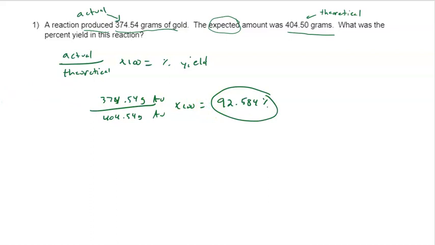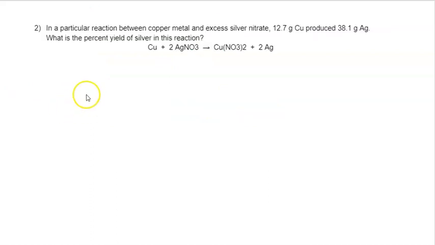All right, moving on. With number 2, what we have is a full stoichiometry problem that we need to complete before we can identify the percent yield. In this reaction, we have copper metal and excess silver nitrate producing silver and copper nitrate.